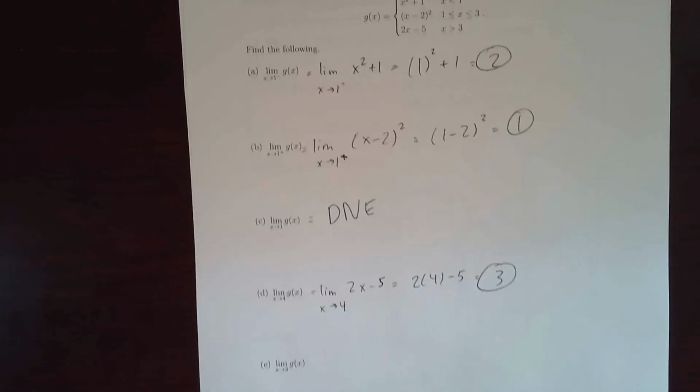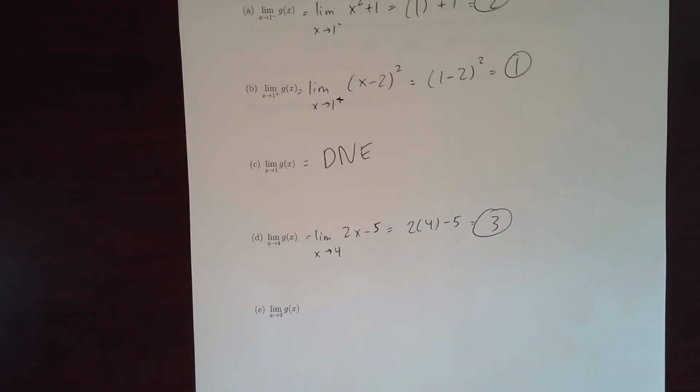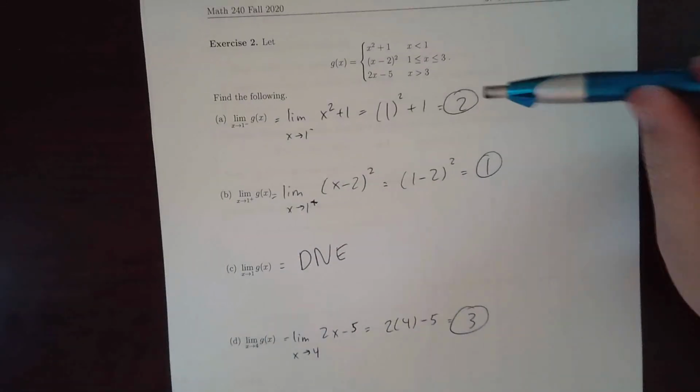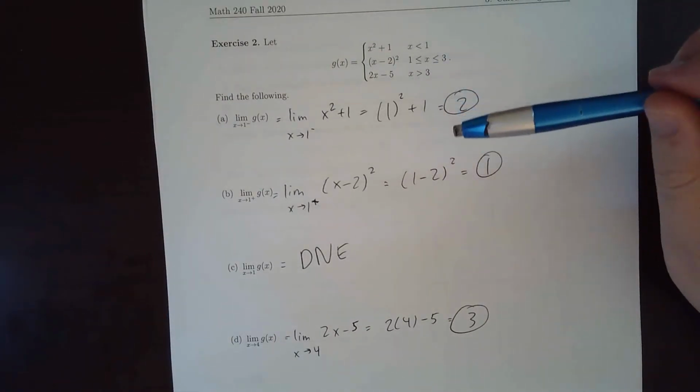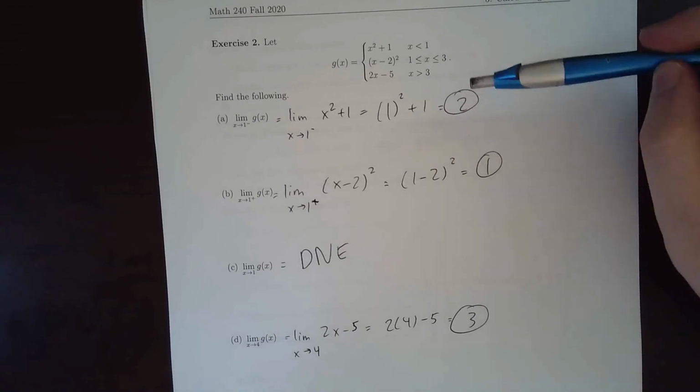And then our last limit on this page asks us to find the limit as x approaches 3 of g of x. And if you'll notice, 3 is one of our points where we have 2 different definitions for g of x, whether on the left or on the right.